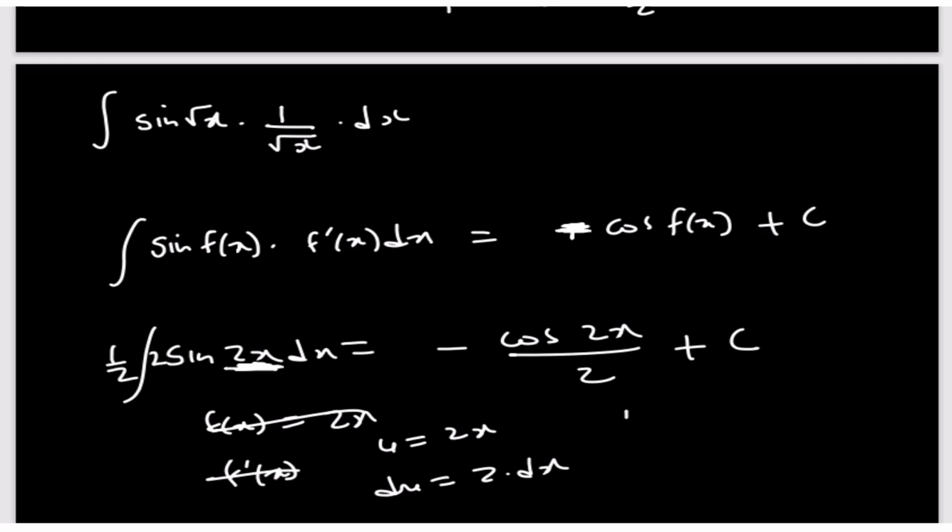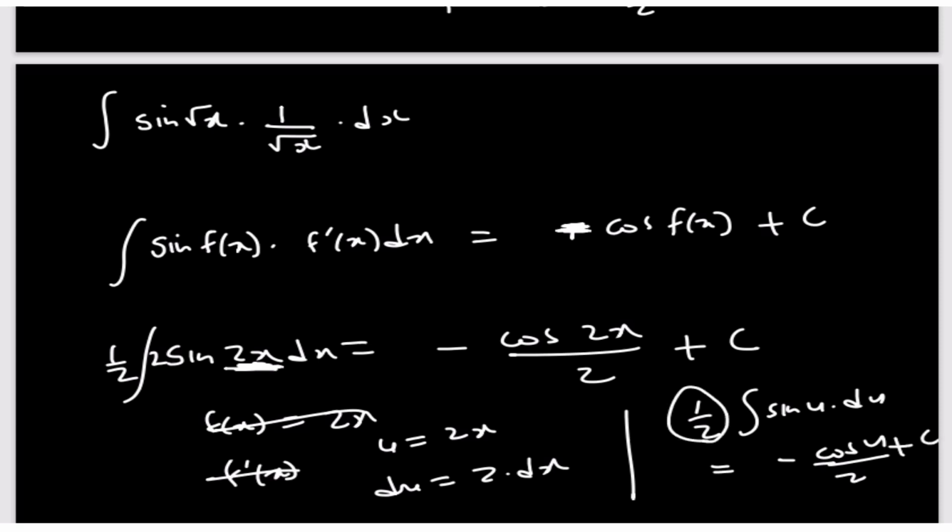So which means now I have 1 over 2 sine u du. The integral of sine is minus cos u over 2, the over 2 is this 1 over 2, plus c. Then now you substitute u, which is 2x. So that's how this over 2 came from.